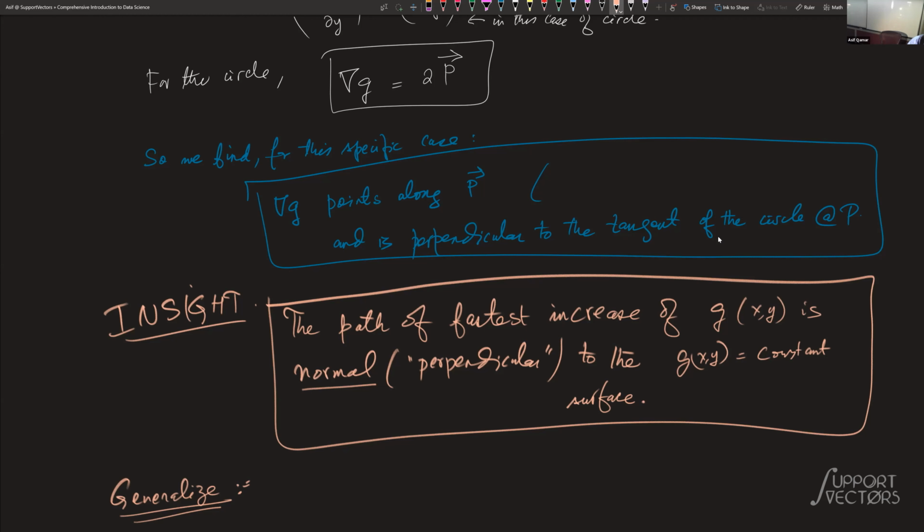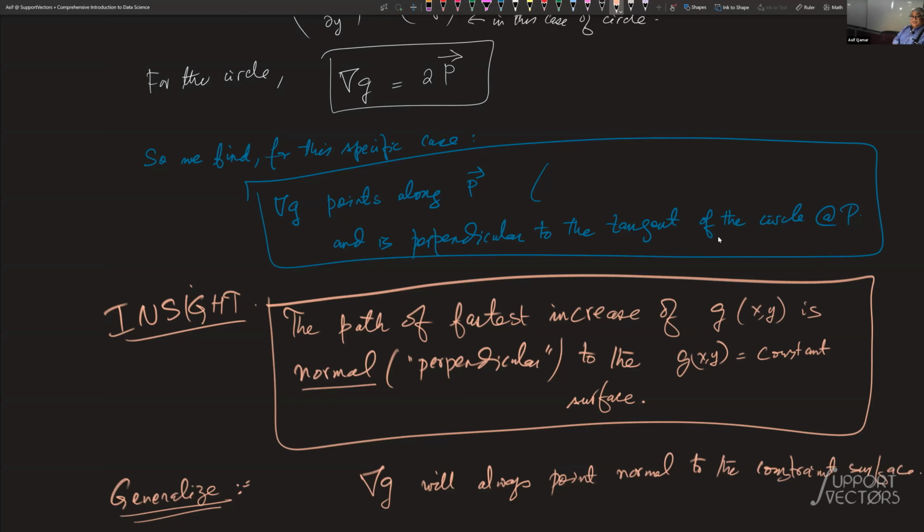Grad G will always point normal to the constrained surface. Are we together?